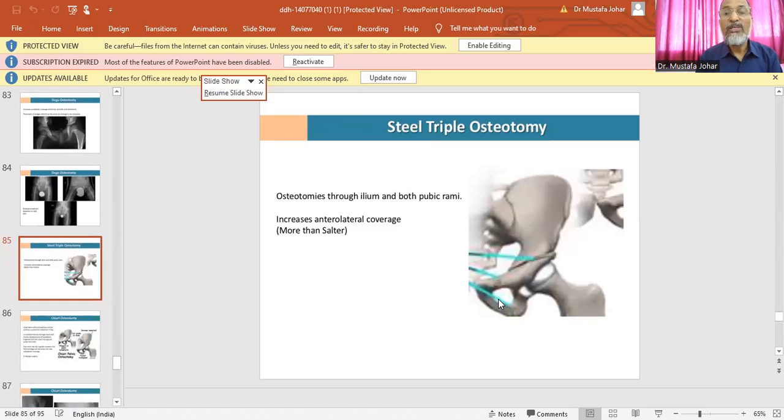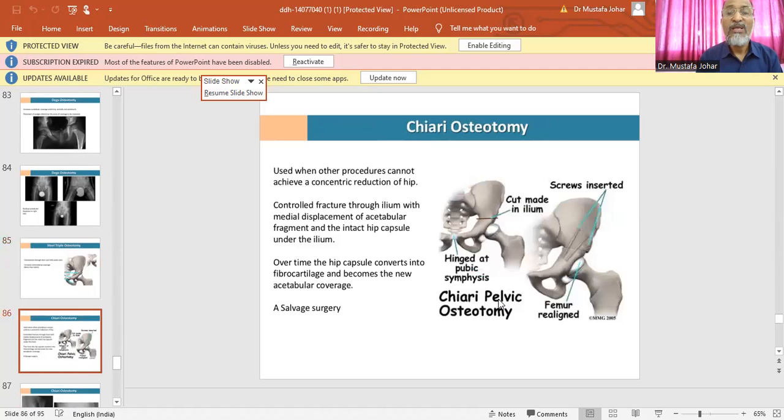Then you have the Steel triple osteotomy. And then very good, yes, the Chiari osteotomy is also very important, and it is used when the other procedures cannot achieve a concentric reduction. Then you have a controlled fracture through the ilium with medial displacement of the acetabular fragment and the intact hip capsule under the ilium.